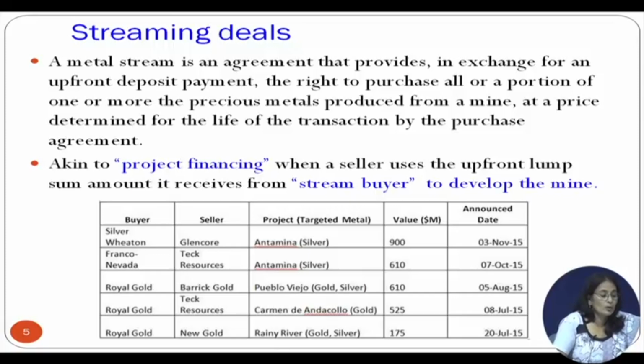Silver Wheaton has paid an upfront fee of $900 million, and the announcement date is 3rd November 2015. Subsequently, once the project comes to the functional stage, Glencore is going to deliver silver to Silver Wheaton.